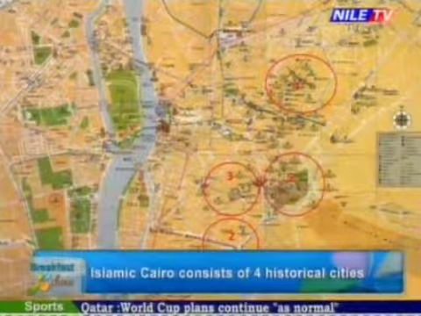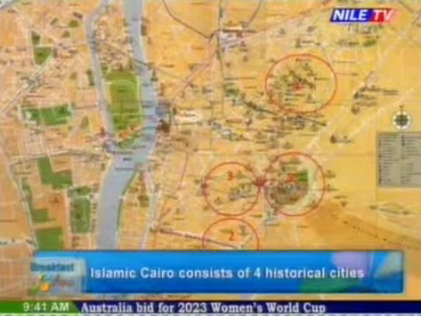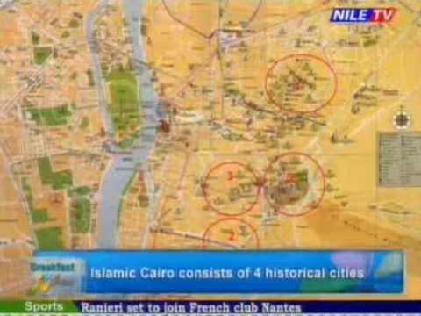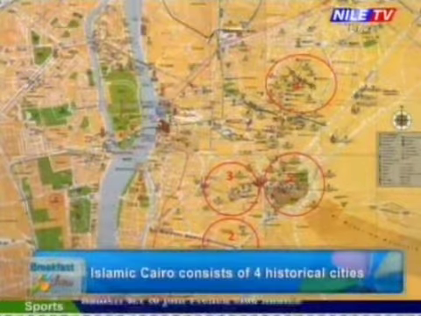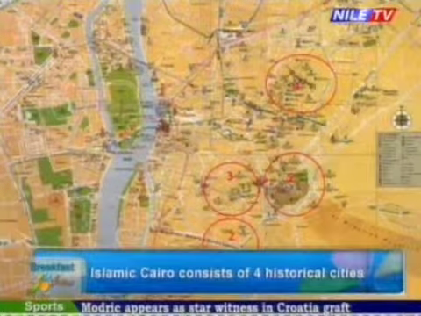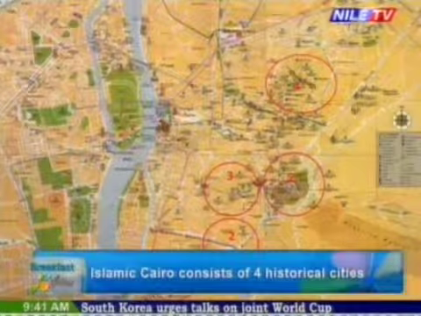And then in modern times, from 1800, that was Muhammad Ali and his family in downtown Cairo and this area. So the circles I put, 1, 2, 3, 4, 5, show the different stages of the extension of historical Cairo.